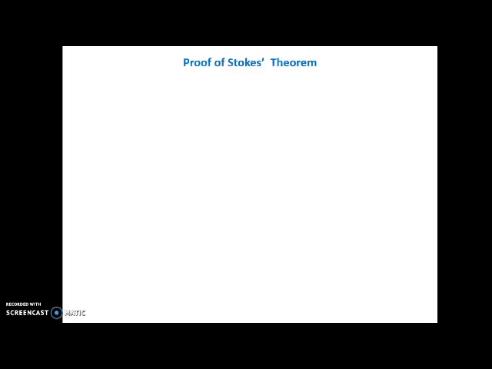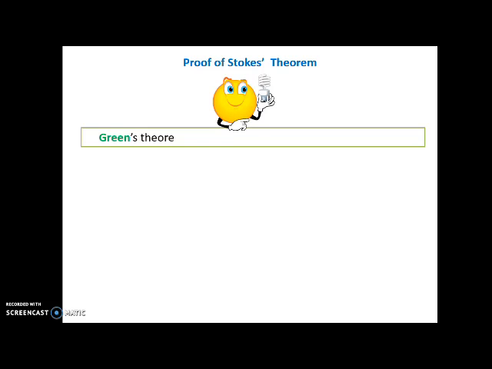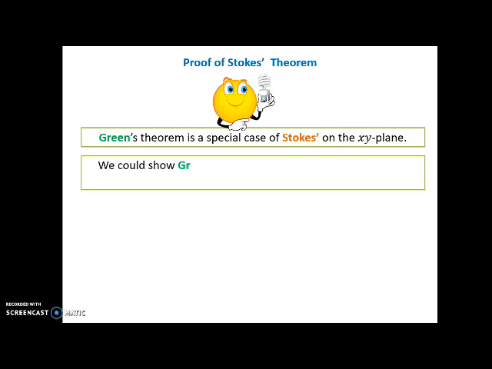All right, proof of Stokes' theorem. I'm not actually going to prove it, but I'm going to sort of show you how it's proved. Okay, so here's the idea. Green's theorem is just a special case of Stokes on the xy plane. We could show Green's theorem is also true on the xz plane, the yz plane, and in fact any plane.